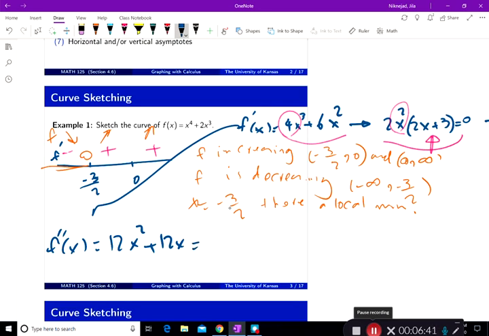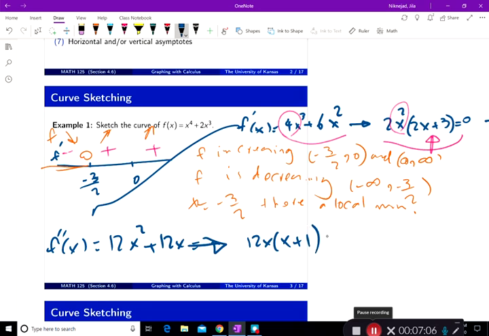And now, to find the intervals of concavity, I have to find the zeros of f double prime, so I can actually find the signs of f double prime. And so I have to factor 12x.